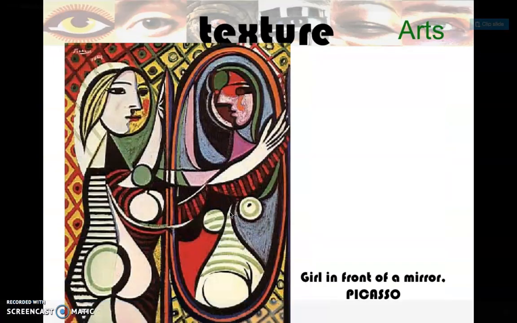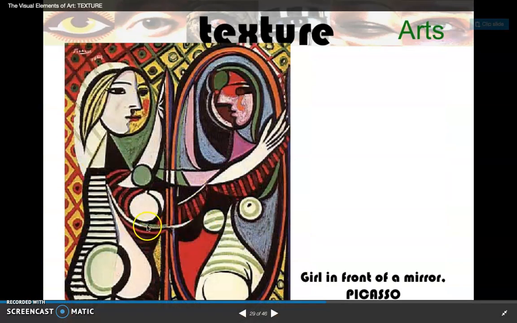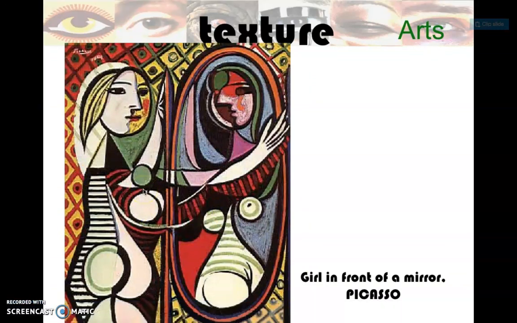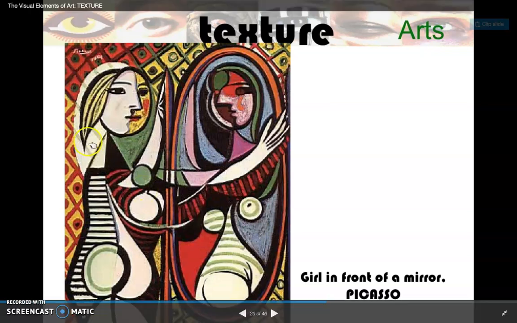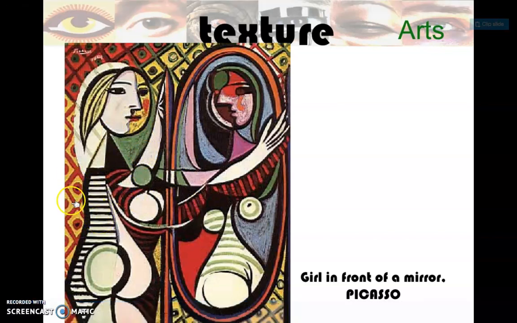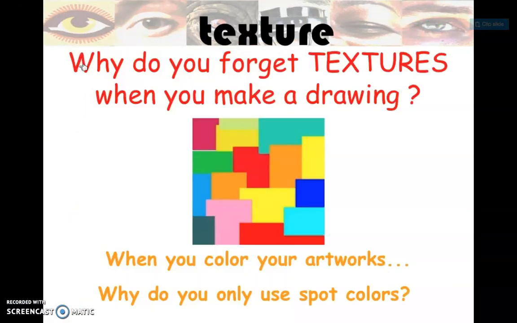There are other artists, of course. This would be more of a 2D, so that is the difference between more realistic actual texture and more of a visual one. This is Picasso, and he used a lot of repetition with lines and shapes to recreate that texture.